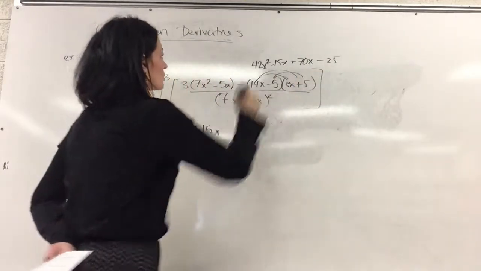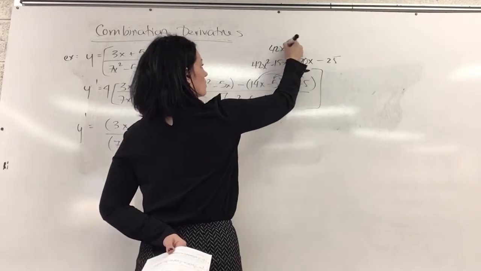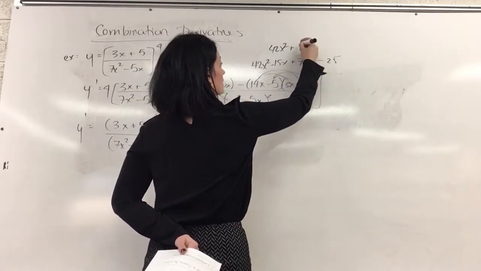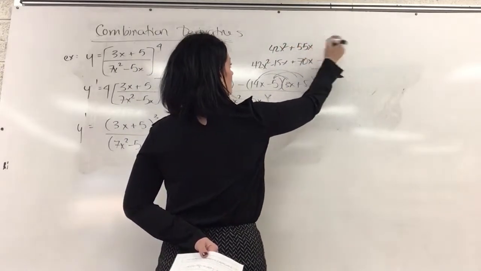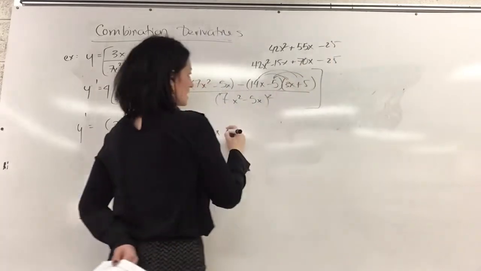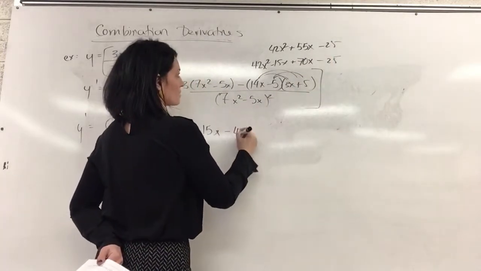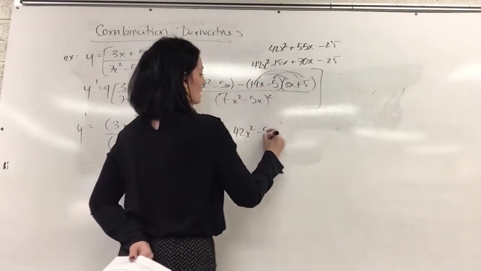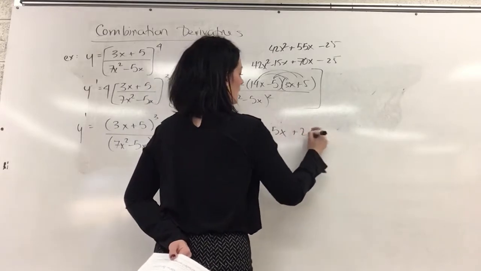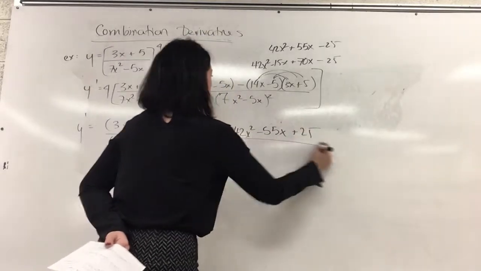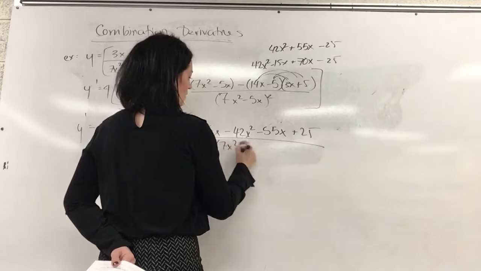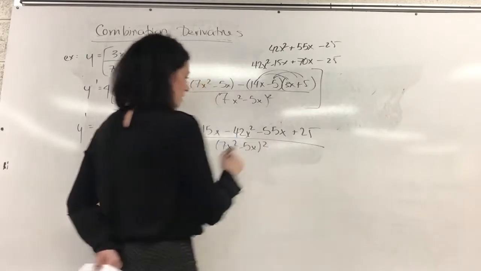And so 42x squared plus 55x minus 25, and I need to distribute that negative. So minus 42x squared minus 55x plus 25, all over 7x squared minus 5x squared, okay?